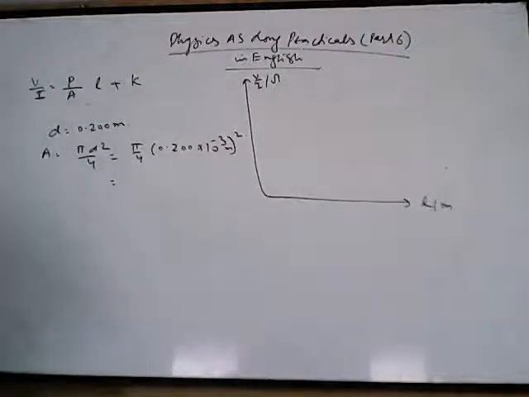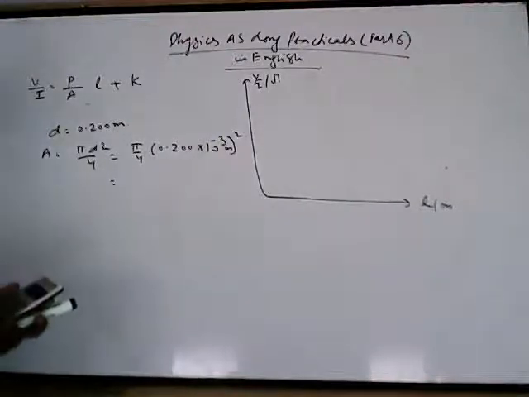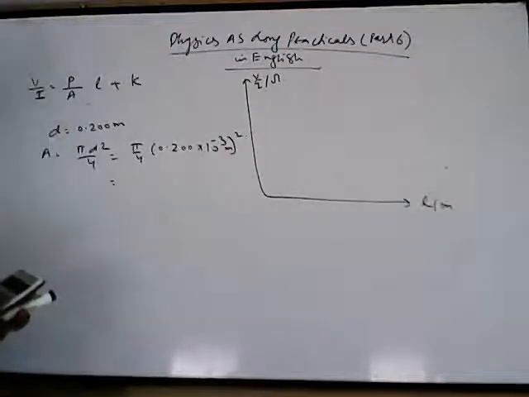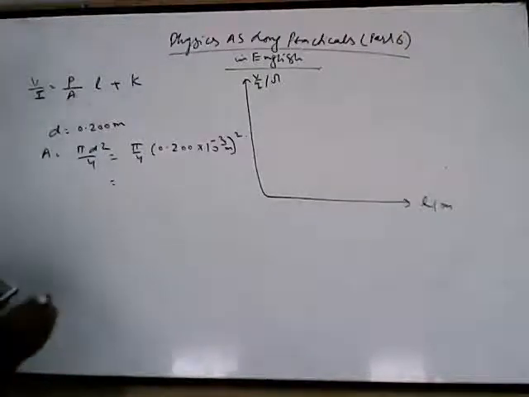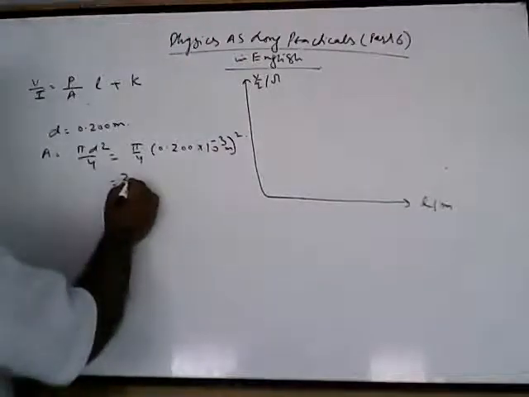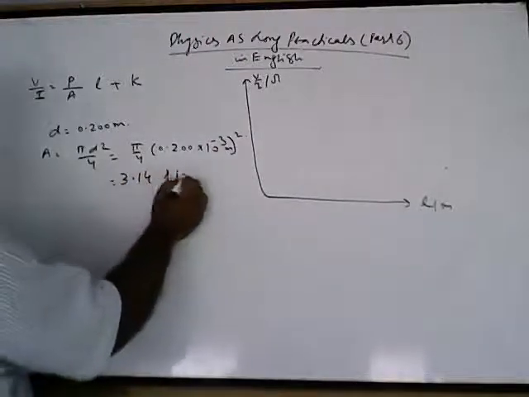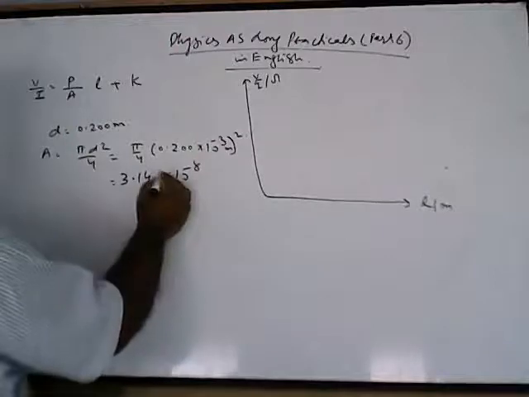So the area is coming out to be 3.14 into 10 power minus 8 meter square.